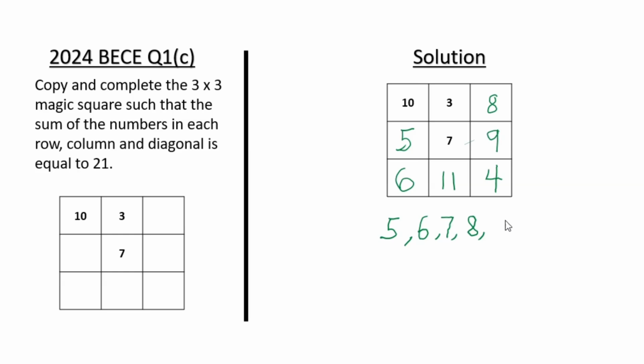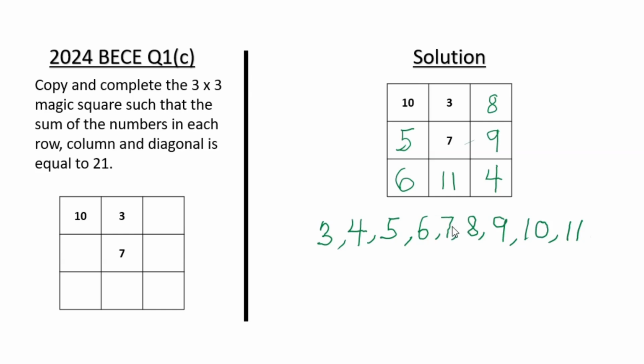Then this side will also be 9. And this side will be 4. This side will be 10. This side will be 3. And this side will be 11. Let's count: 1, 2, 3, 4, 5, 6, 7, 8, 9. So there are 9 digits here. And 7 is the median.